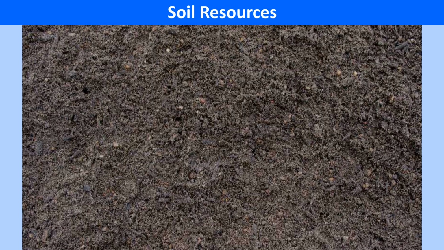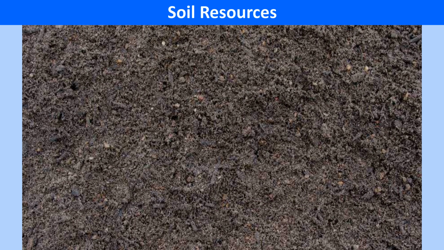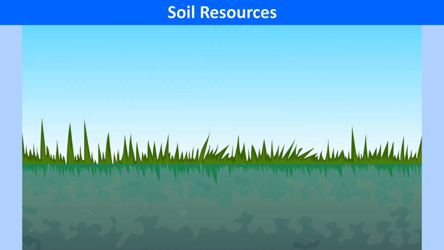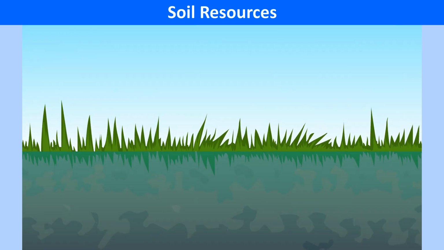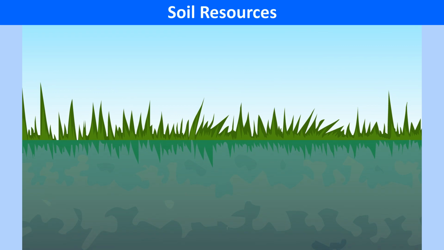It also has humus, which is the partially decomposed organic matter. Water in the soil contains dissolved nutrients, and the air in it has high levels of gases such as carbon dioxide and low level of oxygen. The right mix of organic matter and minerals makes soil fertile.